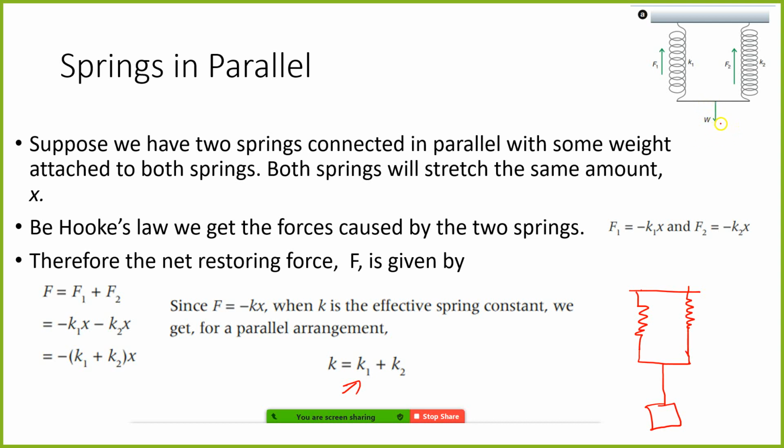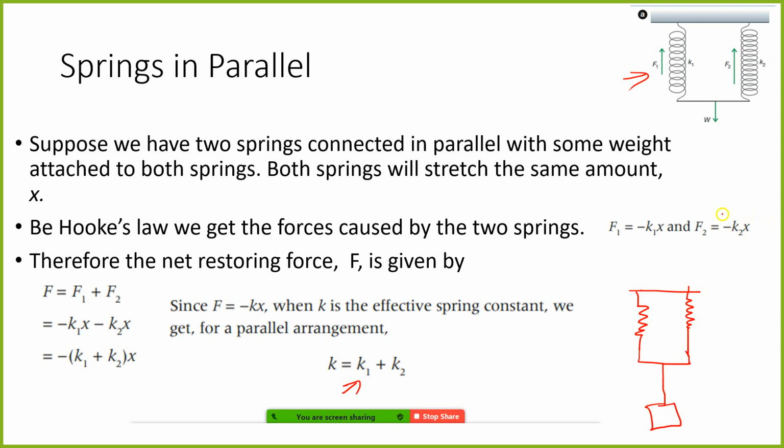So if I wanted to consider the force acting on spring 1, then F1 is going to be equal to minus K1 times X, and F2 is going to equal minus K2 times X.